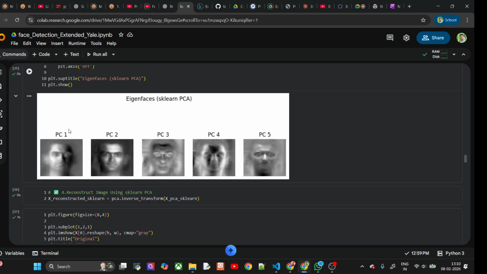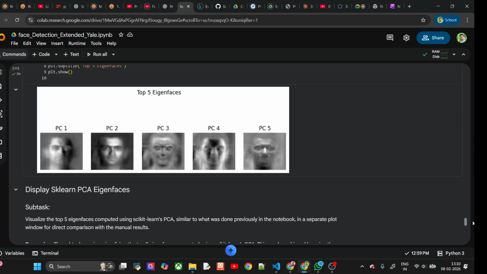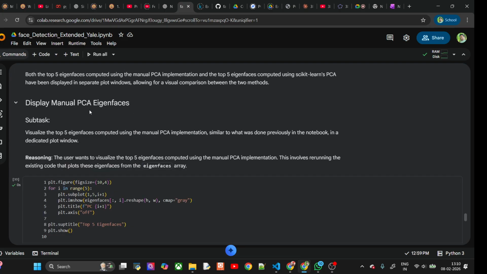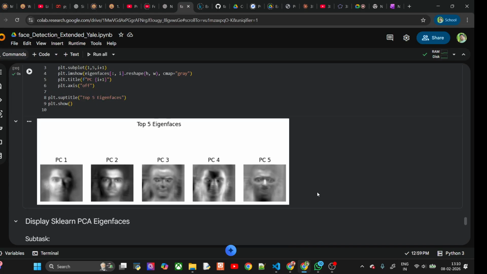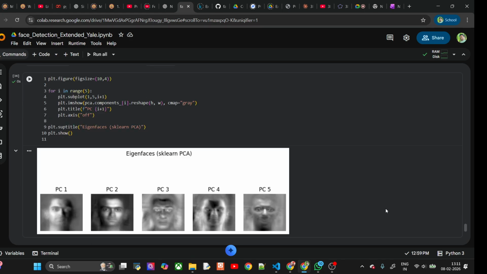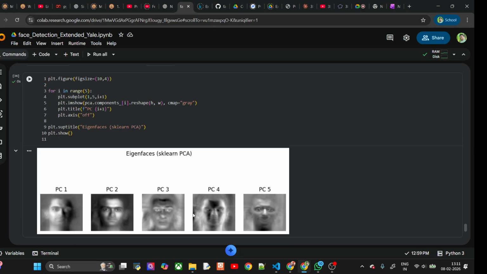If you see here, this is the output. I can just show you the output here. This output is from our algorithm, what we have implemented. From the manual PCA calculation, the eigenfaces look something like this, and the eigenfaces from the scikit-learn library look something like this.